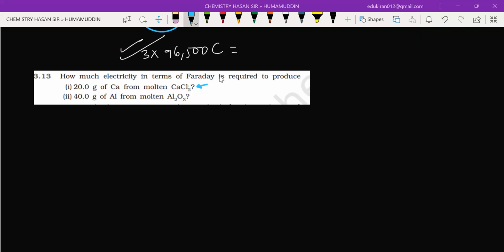Sir, yes. I found out that in 1 mole of electricity, it requires 2F for CaCl2, but how should I find out how much for 20 grams of Ca?